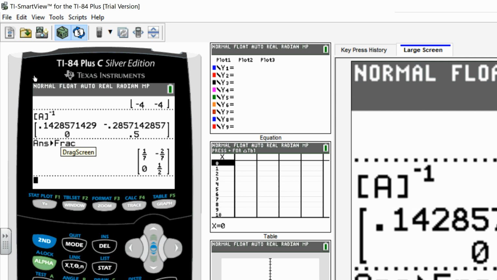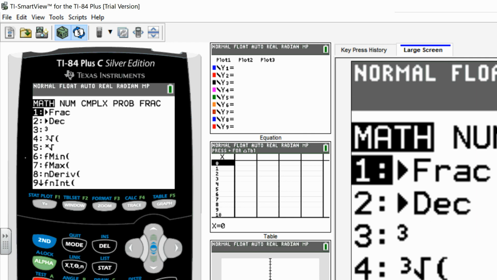This here, the matrix A, and then took it to the negative 1, its inverse, enter. So that's the inverse of it. But it's going to give us the answer in decimal form, not fractional form. That's why we get these bigger numbers. And it went math, enter, because the first option is fraction.